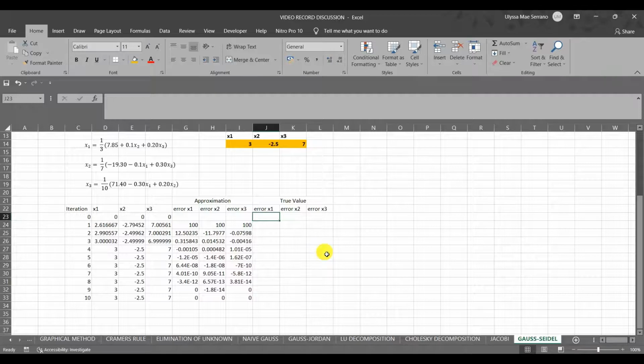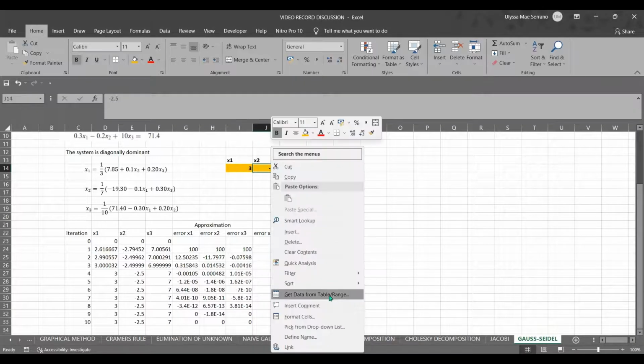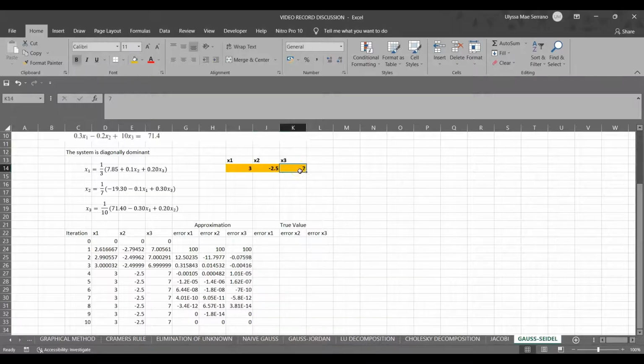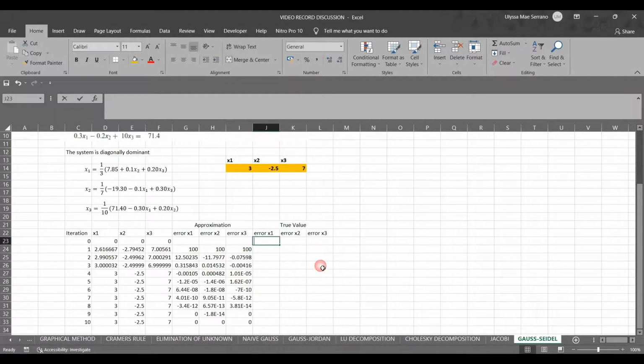And based on the true value, we can define these values as x sub 1 for our Gauss-Seidel. And also this value, let's define this as x sub 2, and we'll also define this as x sub 3. So, for the true value, x sub 1 minus the value divided by the true value times 100. So, it has an error of 100.